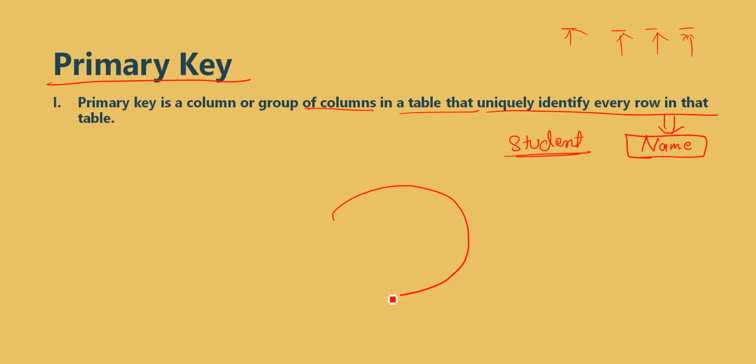No, because in this world we have so many people with the same name. So we cannot select name as a primary key. We need a column which is unique to each and every one. So student ID in this case is going to be our primary key.